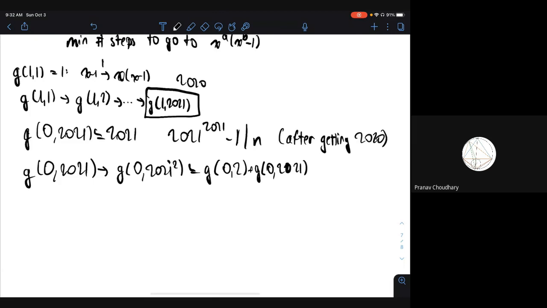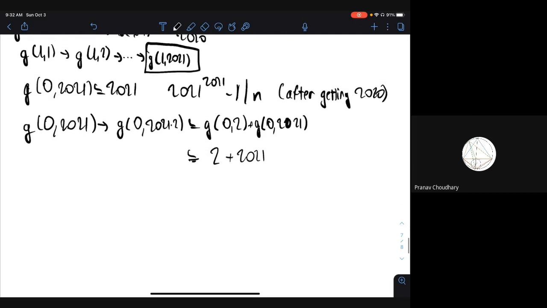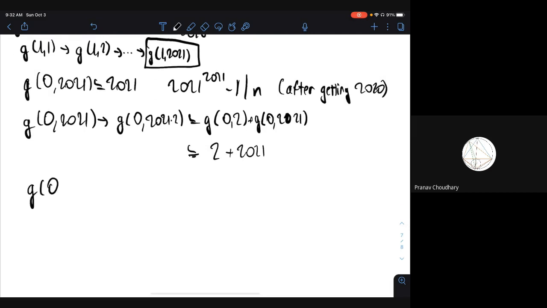Sorry, I meant multiply by 2. And again, just by the same argument as before, this is at least 2, this is less than or equal to 2, and this is less than or equal to 2021. So effectively, the above inequalities allow us to argue that the following thing is true.